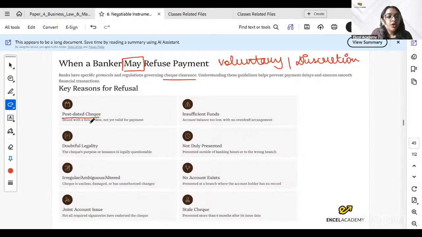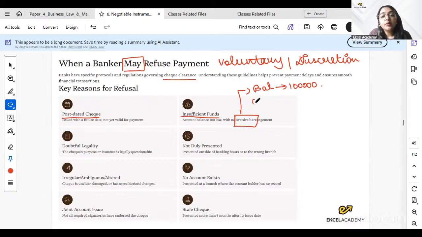Post-dated check, issued with a future date, not yet valid for the payment. So it is at the discretion of the bank whether it wants to go ahead with the check or not. Insufficient funds. Now naturally the bank will reject, but let's say there's an overdraft facility available. In case of overdraft, let's say your balance is rupees 1 lakh, but you have been a customer with a bank for too long with a good credit score and good clearance.